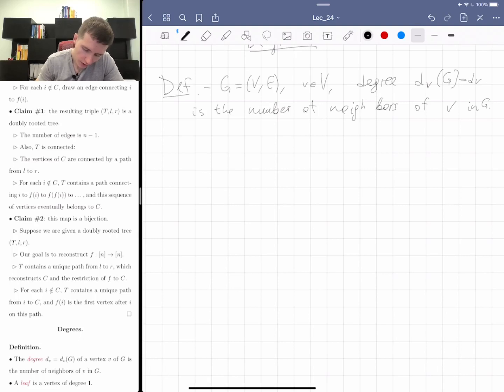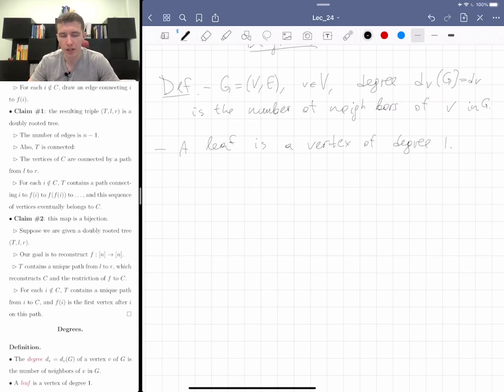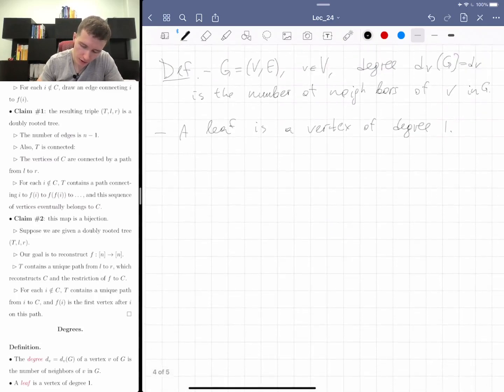In particular, a leaf is a vertex of degree 1. One fact which you probably know about degrees of vertices, a very simple lemma, is called the handshake lemma.